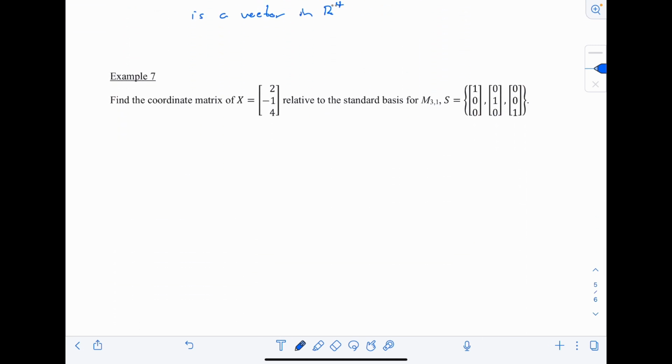And now we're going to do one with matrices. So find the coordinate matrix of x equals [2, -1, 4] relative to the standard basis for M31 given by, again, [1, 0, 0], [0, 1, 0], [0, 0, 1].